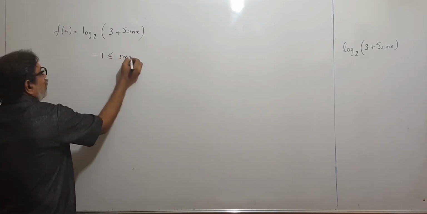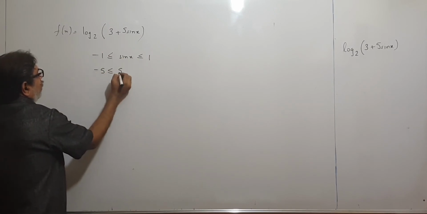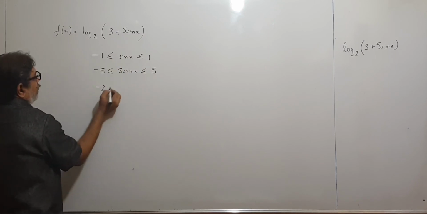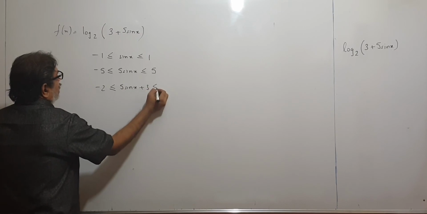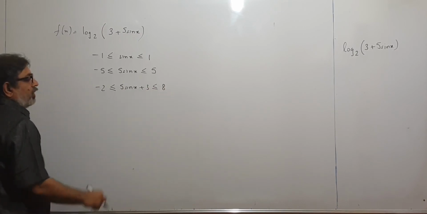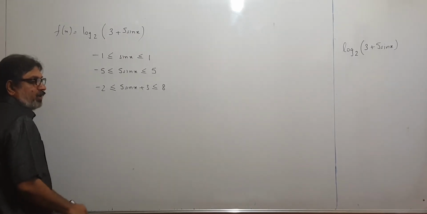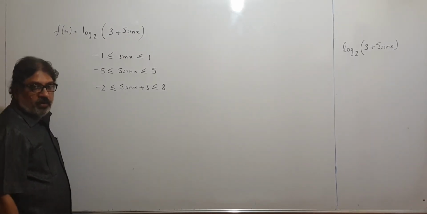Minus 1 less than or equal to sin x less than or equal to 1. So −5 less than or equal to 5 sin x less than or equal to 5. Add 3: −2 less than or equal to 5 sin x + 3 less than or equal to 8. So this number lies between −2 and 8. We cannot allow that. This number can be only between 0 and onwards.